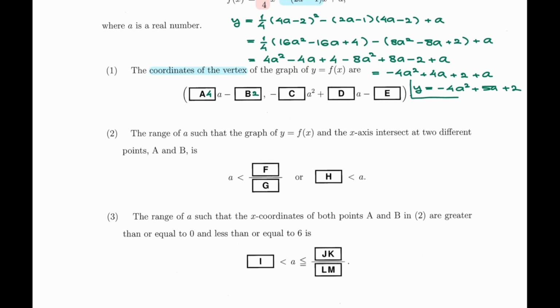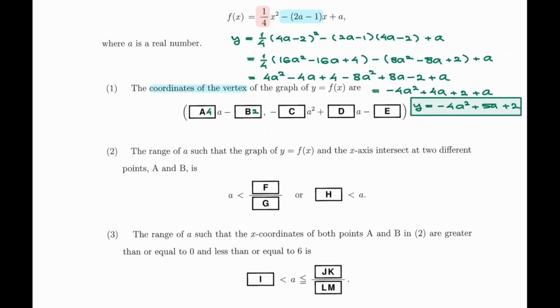So for letters C, D, and E, our final answer is 4, 5, and then, sorry, I think I made a mistake here because the sign here is negative, but I got the sign here is positive. If you check my calculation, you can see that 1 over 4 times 4 here equals 1, not 4.